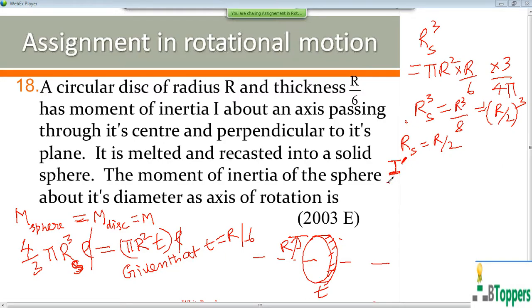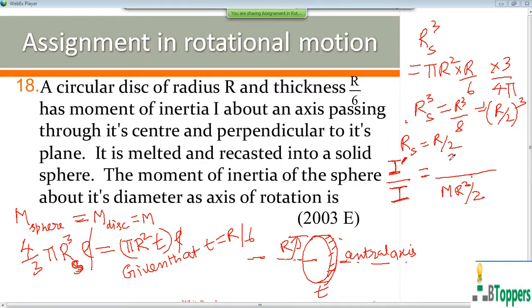Let I dash be the moment of inertia of sphere about one of its diameters, and I is used to denote the moment of inertia of circular disk about its central axis of symmetry, that is about the axis passing through the center of the disk and perpendicular to the plane of the disk, which is given by m r square by 2.